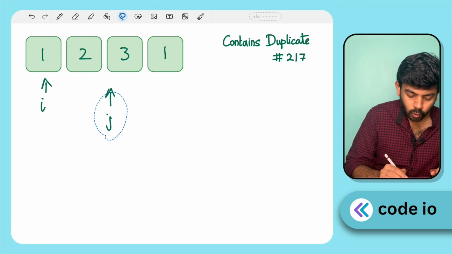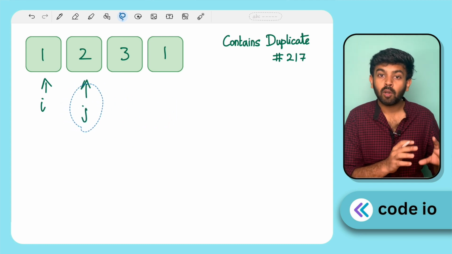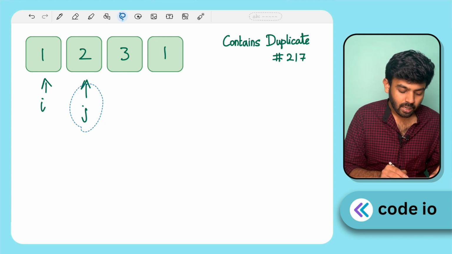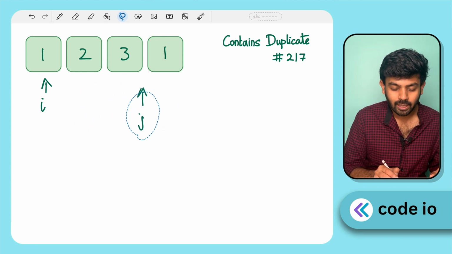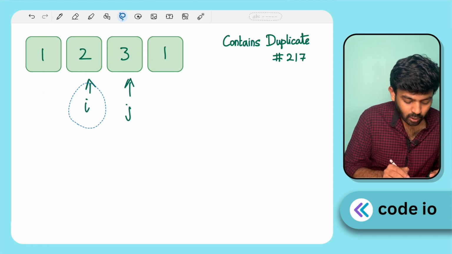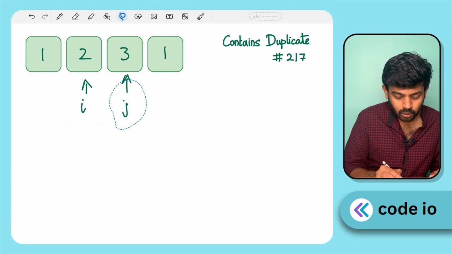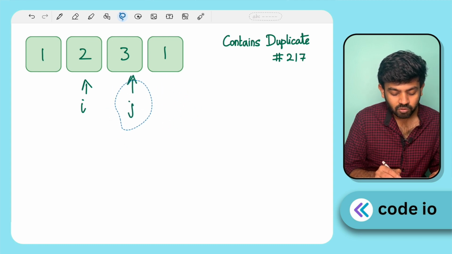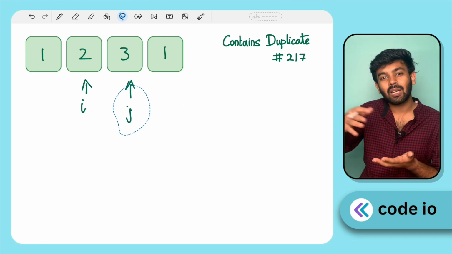Now you will be fixing the position of i at 1 and moving j to all the other elements, and once you do that, you are going to move the value of i to the next position, and do the same for all the values of j that are to the right of i.